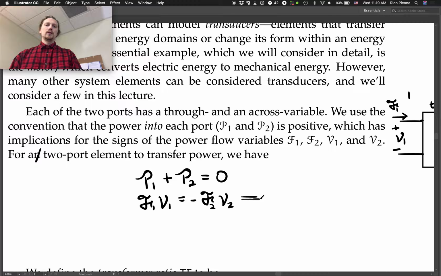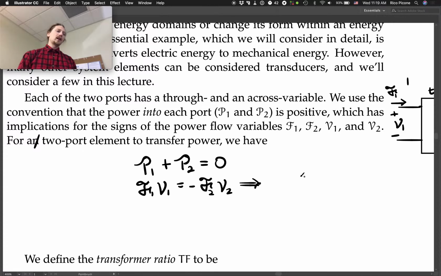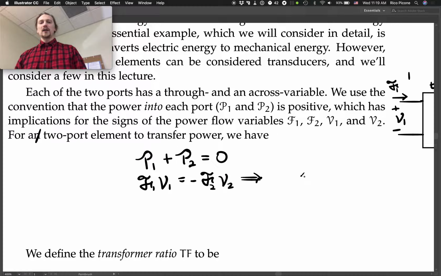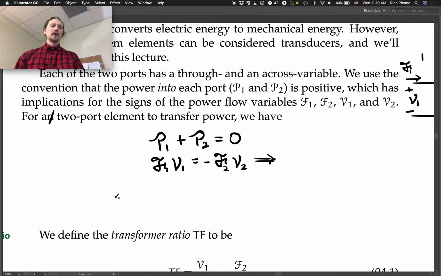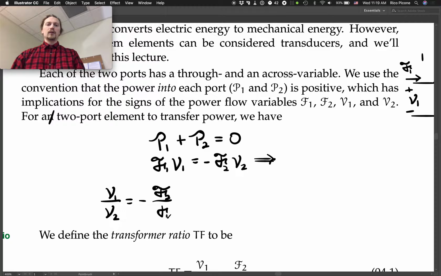Now, we can rearrange this in a couple different ways, and I'll use the two different forms in a minute. So one way to rearrange this is V1 over V2, which is equal to negative F2 over F1.